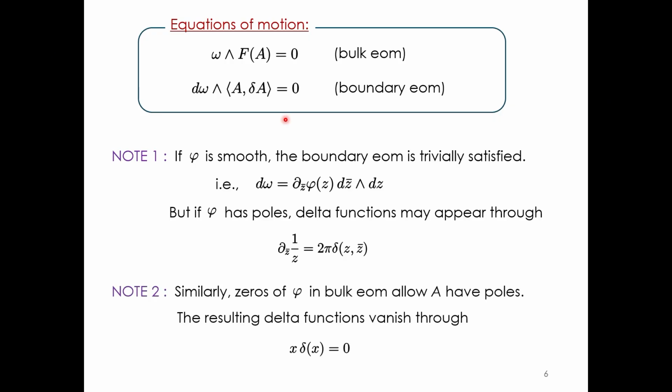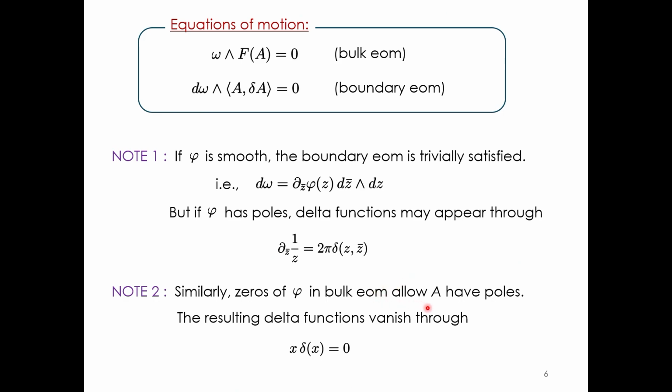As a second note, similarly, zeros of phi-bar in the bulk EOM also play an important role. Because these expressions allow the gauge fields to have some poles.